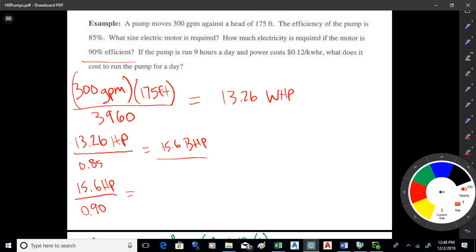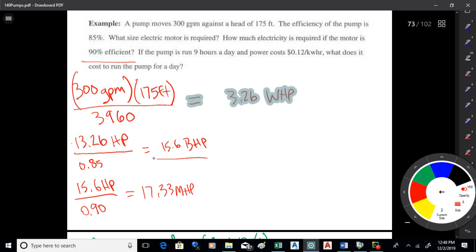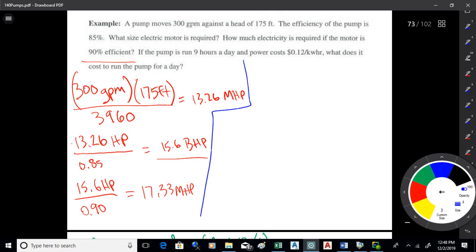And that's going to be 17.33 motor horsepower. So that's what I have to deliver to the motor. We good with that? Okay.